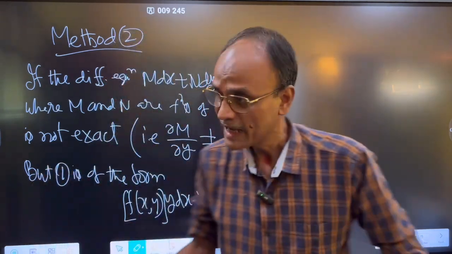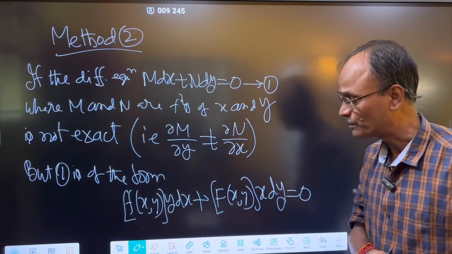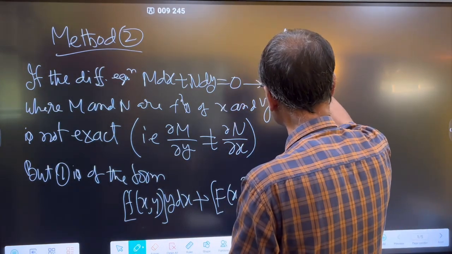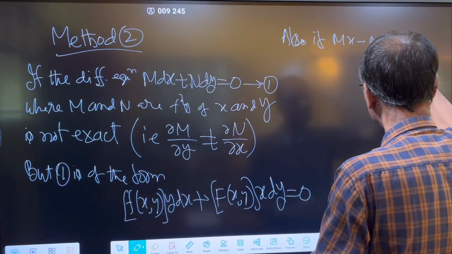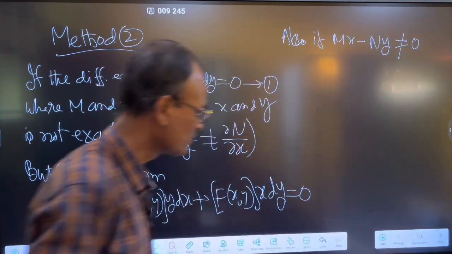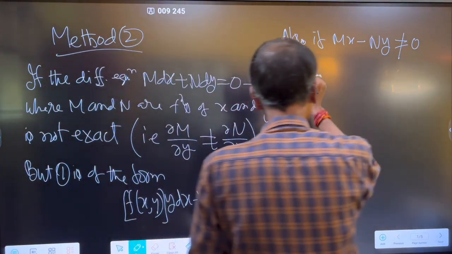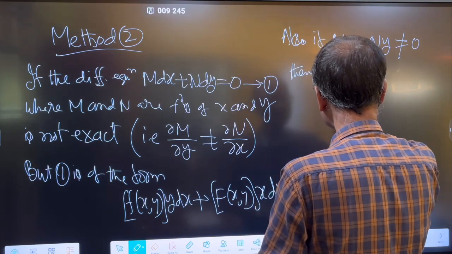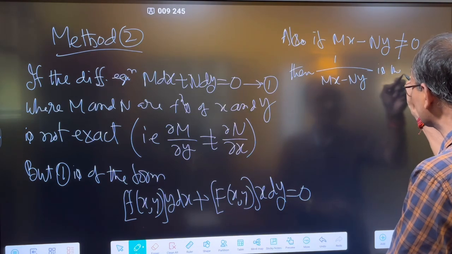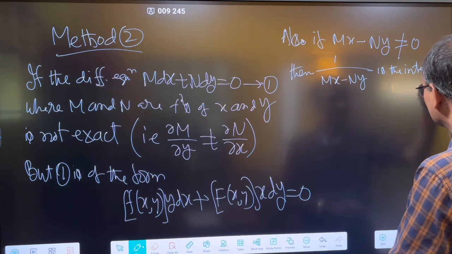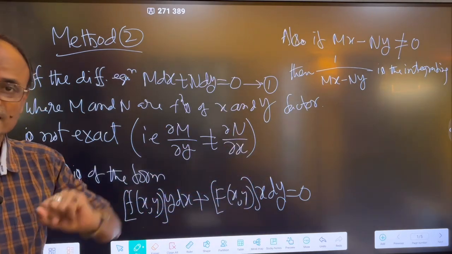If it is of this form, then also if Mx minus Ny is not equal to 0, then 1 by (Mx minus Ny) is the integrating factor.